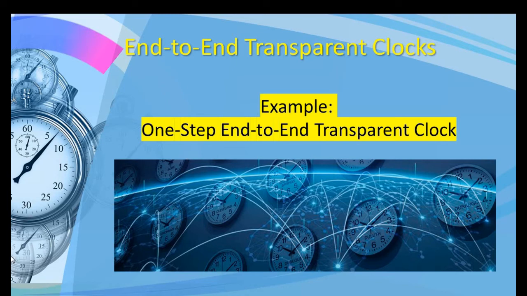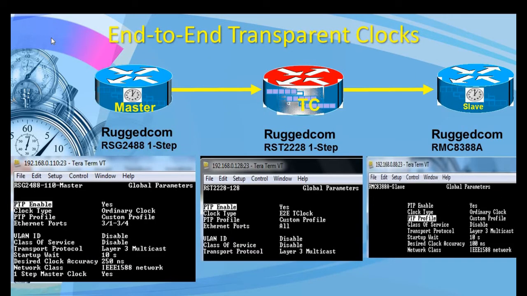We talked about how the one-step and two-step end-to-end transparent clocks work from the standard point of view. Next, I'm going to show you a real example of the one-step end-to-end transparent clock. These are three devices. The first one is the Broadcom RSG2488 one-step grandmaster.